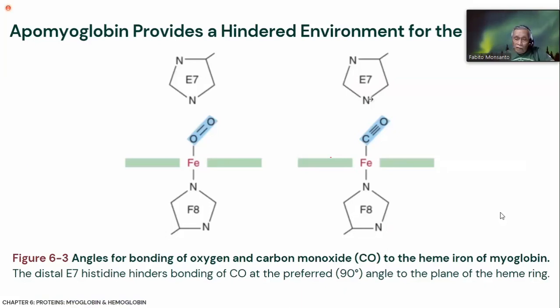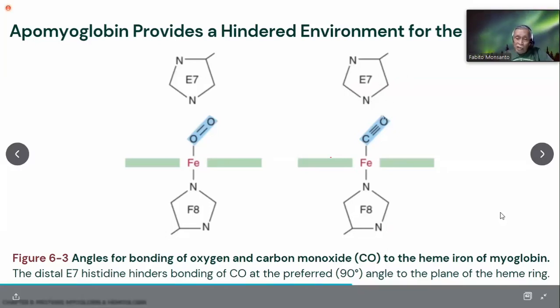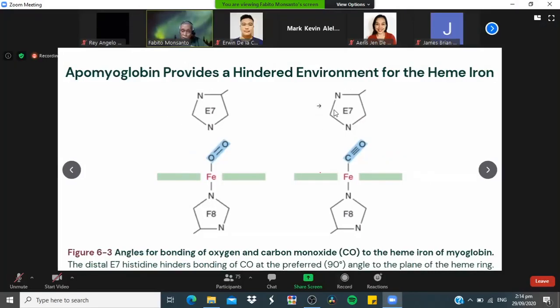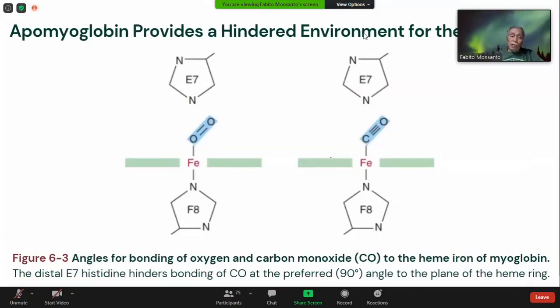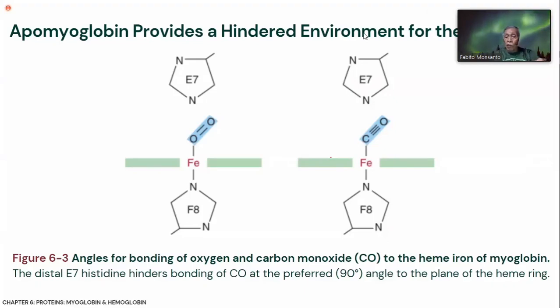Now, if E7 is not there, this oxygen here will just move this way and becomes a 90-degree angle, in which the binding is 25,000 times stronger than this one. Which means without this, you cannot go out into the street where there are plenty of vehicles running around, and the discharge from the vehicle has carbon monoxide, and you will just die there.